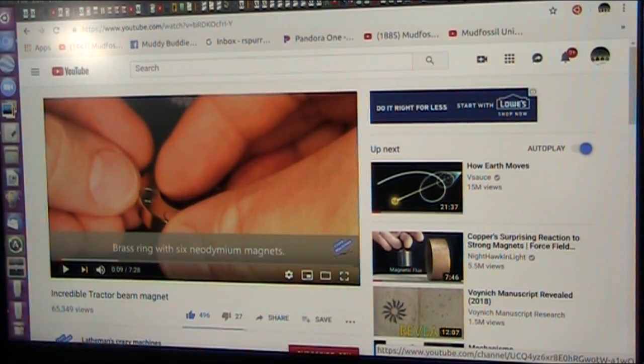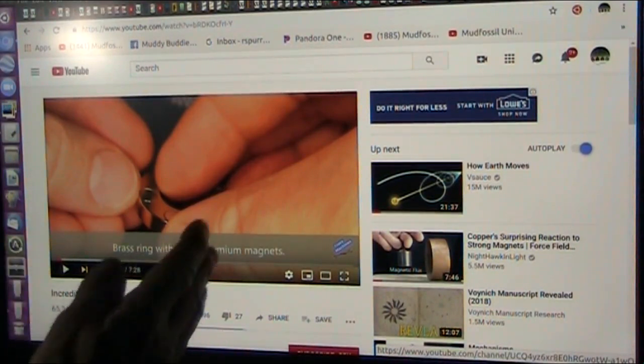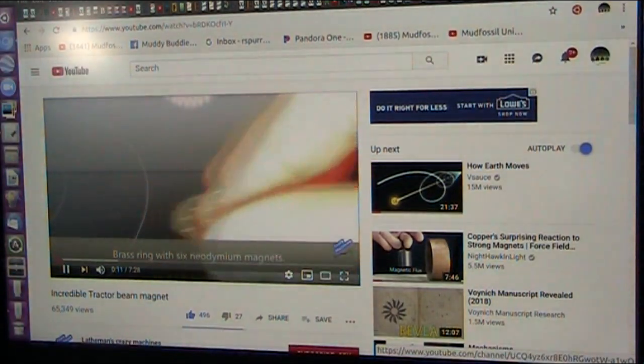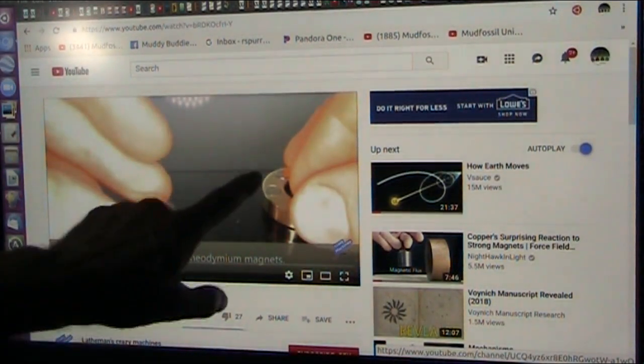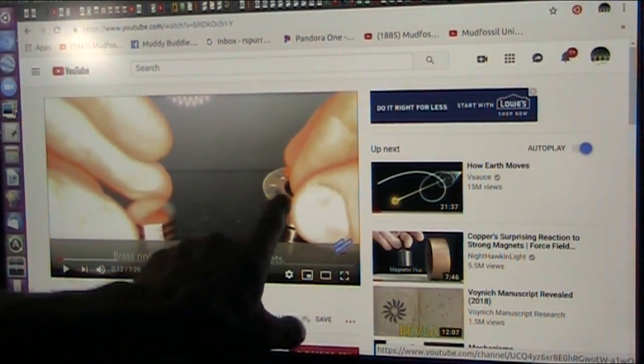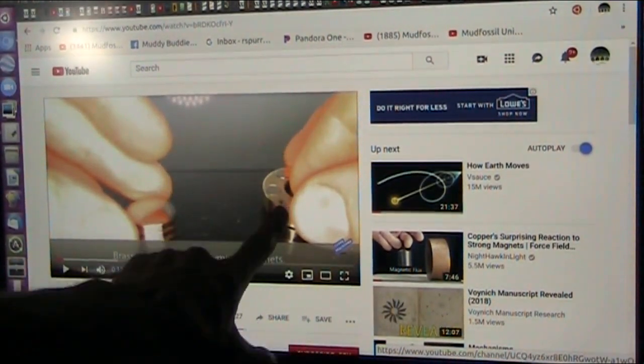Alright, this guy right here, this is Latham's Crazy Machines, and he's going to make a nuclear flooded core. Here it goes. Now what you look at there is 6 negative particles, magnets, inside of a neutral brass ring.